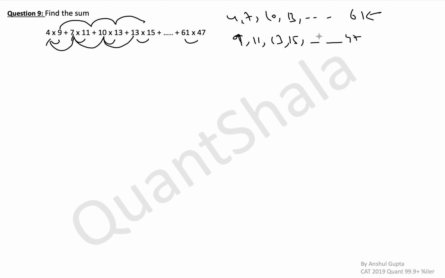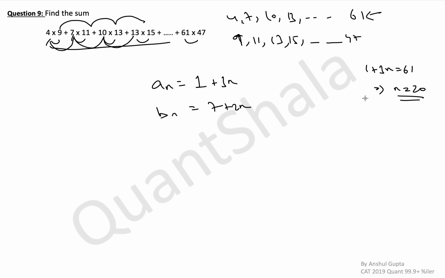You already know how to calculate it. I'll directly write that down. So that will be 1 plus 3n for the first one, an. bn is 7 plus 2n. Okay, so how many terms exactly are there in this? How do you calculate that? 1 plus 3n equal to 61, which gives you n is equal to 20. So a total of 20 terms are there.